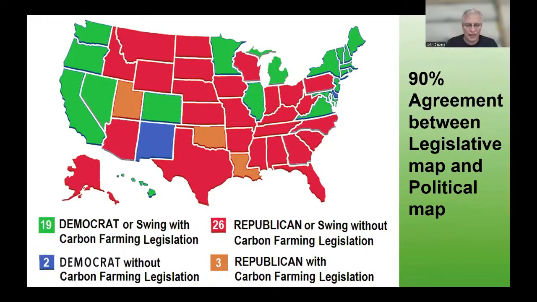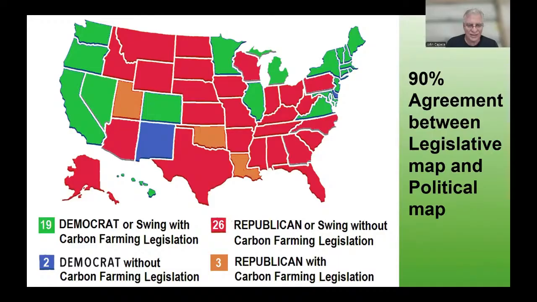When we overlay the data, we discover a stunning 90% agreement between a state's legislative map for carbon farming and its traditional political map. The partisan alignment is nearly absolute. Let's look at the specific breakdowns.